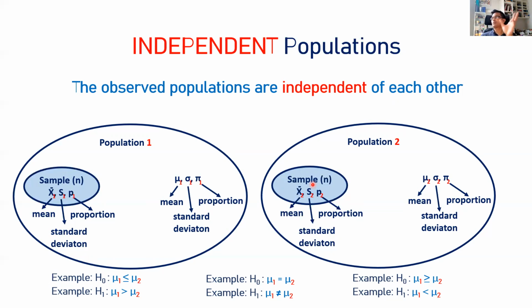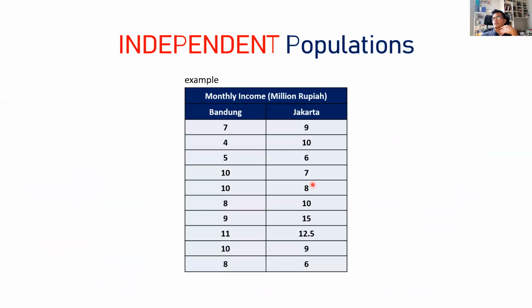The data recapitulation of independent populations could be written as follows. For example, the first respondent in Bandung earns 7 million rupiah per month, the second 4 million, 5 million, and so on, and likewise in Jakarta. So we have the record of the samples like this.